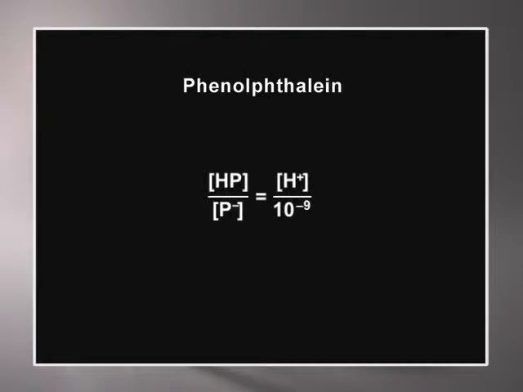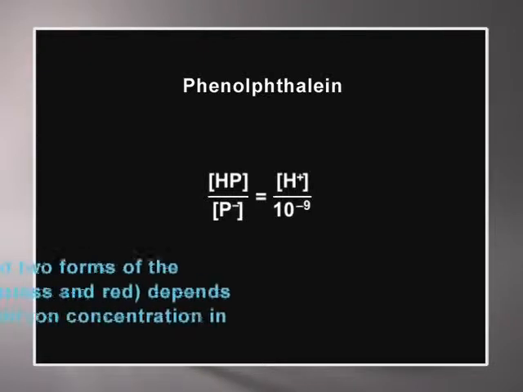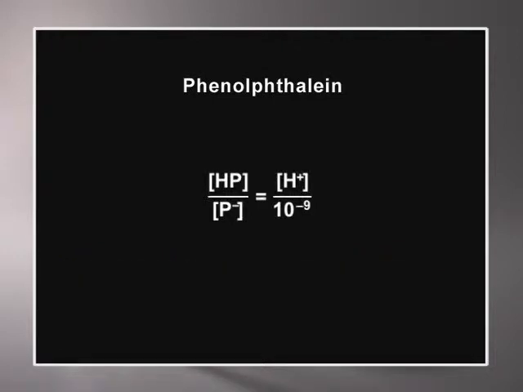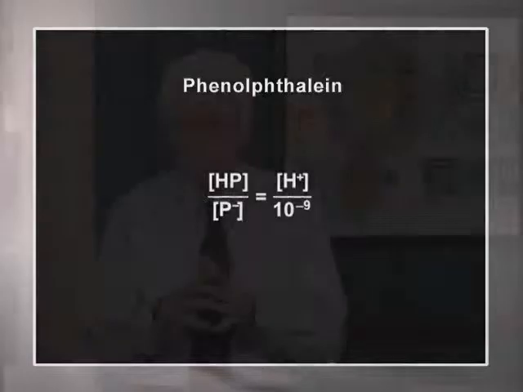What this mathematical expression tells us is that the ratio of the two forms of the indicator, the colorless form HP and the red form P minus, depends on the hydrogen ion concentration in the solution. If the concentration of hydrogen ion changes dramatically, then the ratio of the two forms of the indicator also changes dramatically.